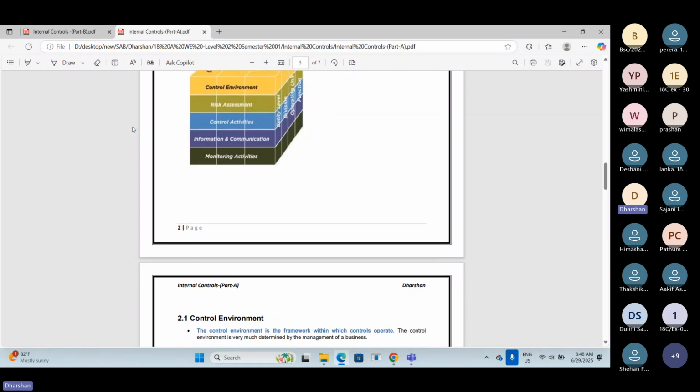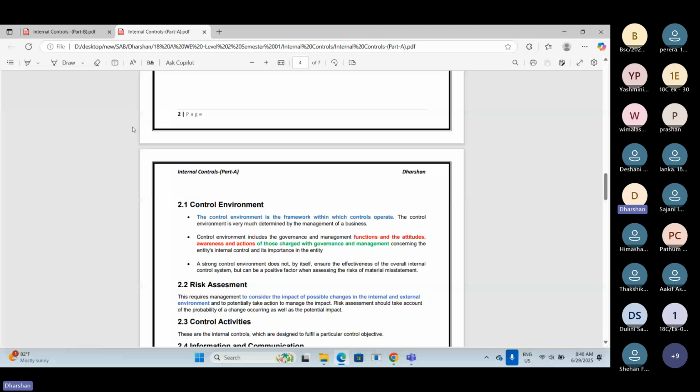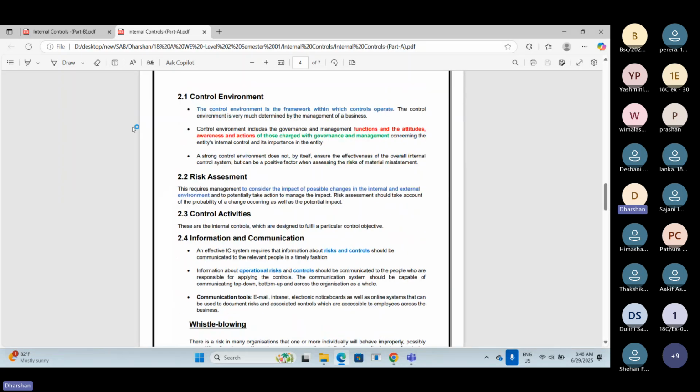After that, risk assessment we discussed. Risk assessment is a straightforward thing. We have to analyze the impact of possible internal and external risks, based on the frequency, how many times this risk can occur. That is one part, frequency of risk, probability of risk. On the other hand, we should focus on the impact.